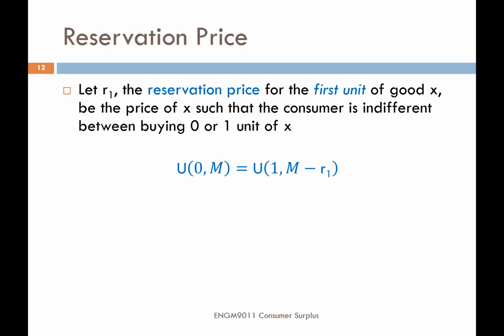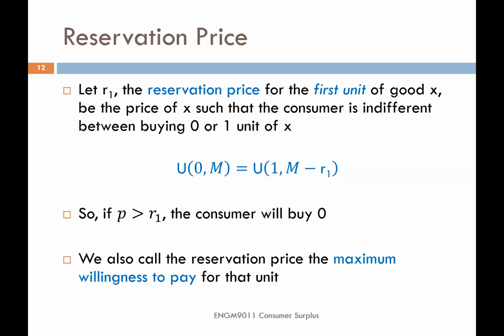So that price, we call R subscript 1, the reservation price of the first unit, all right? So when the price of X is equal to R1, then the consumer is indifferent between consuming these two bundles, okay? And as I pointed out, as the price is higher, then you're no longer indifferent. You say, no thanks, I get higher utility by consuming no X and M units of Y, so I'll buy no X, okay?